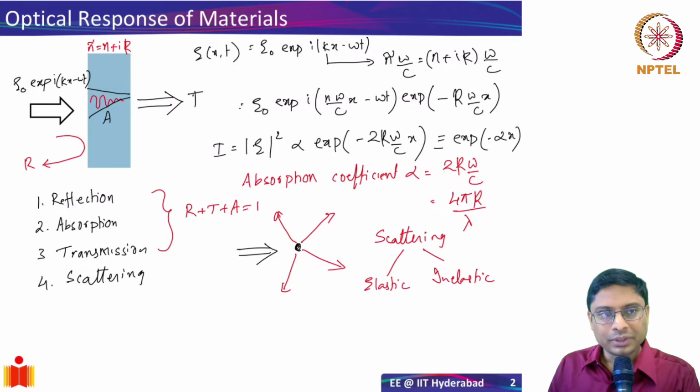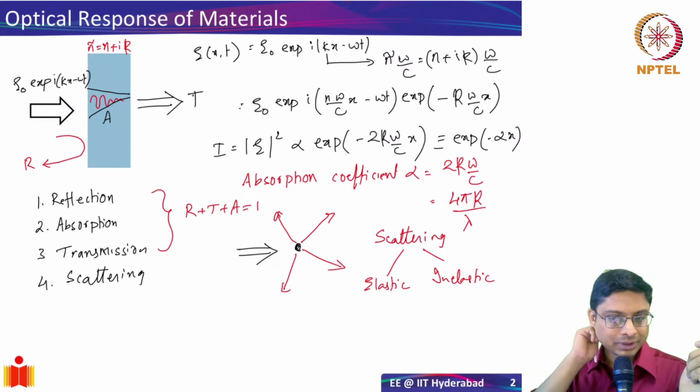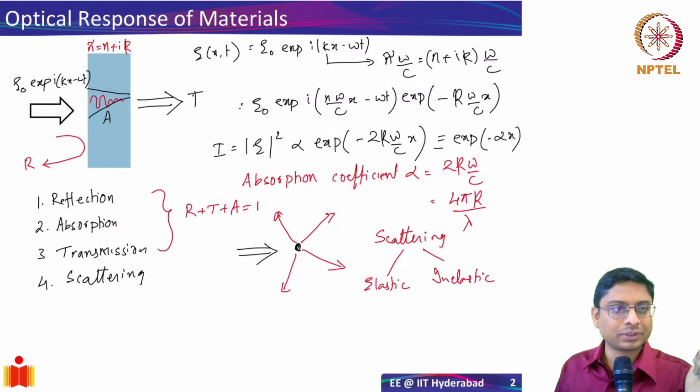In some scenarios, there could also be loss of energy. For example, I have a blue energy which is incident. It excites some internal vibration modes in a molecule, and then slightly downshifted energy is transmitted. In that case, we call it inelastic. One of the prominent, well-known examples of this is Raman scattering. Okay, so scattering is one of the phenomena that can occur.